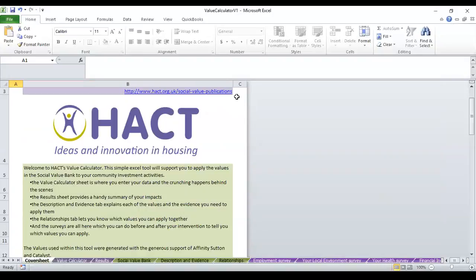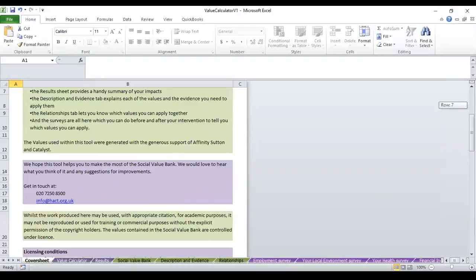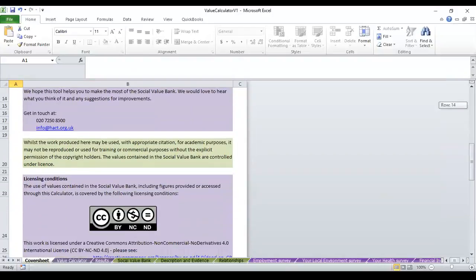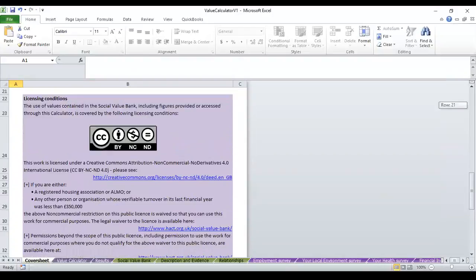But it's quite useful. The only caveat is that this can only be used for organisations with small incomes. So they have to have a turnover of less than £350,000 to use the values in here for free. If your turnover is over that figure, then you need to pay for a license. That's one of the spreadsheets.